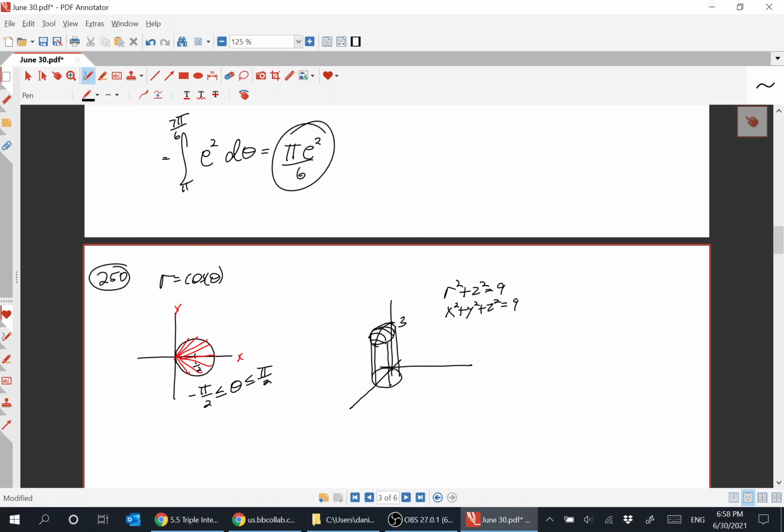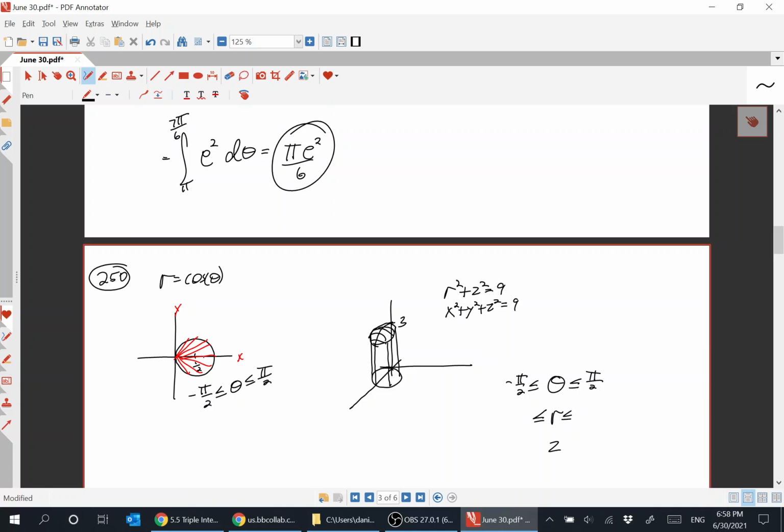So how does this go? Describe this in terms of cylindrical coordinates. Right? Start with theta, and then r, and then z. So first theta needs to be bounded by constants. Well, they're right here. Minus pi over 2 less than or equal to theta less than or equal to pi over 2. And then r, well, these red lines are bounded.